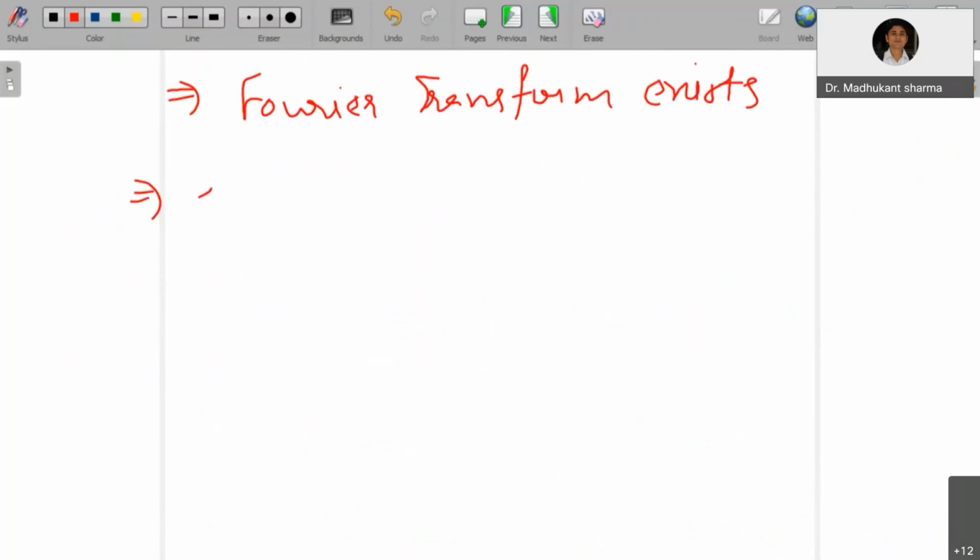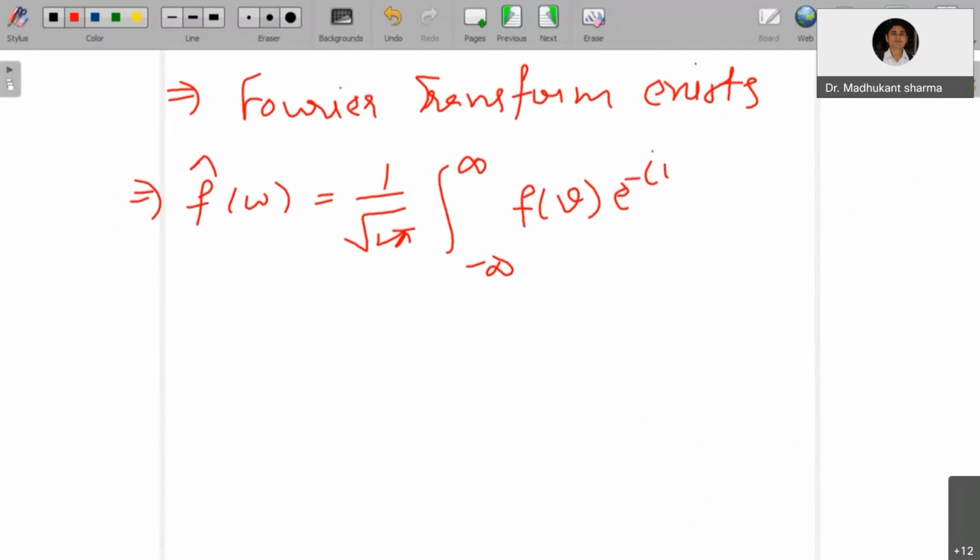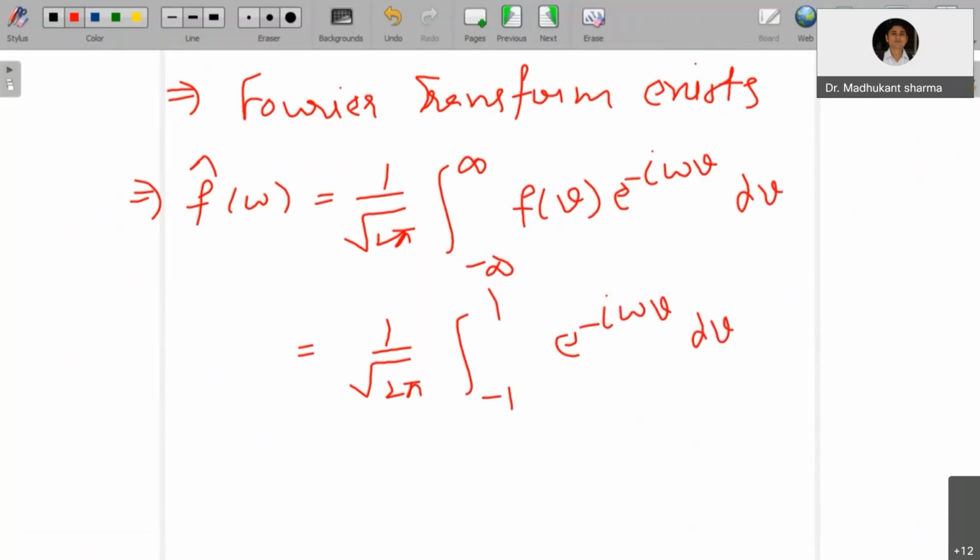So f cap of w is equal to 1 upon square root of 2 pi, integration from minus infinity to plus infinity of f of v e to the power minus i w v dv, which equals 1 upon square root of 2 pi, integration from minus 1 to 1, since f of v is 1 between minus 1 and 1, otherwise 0, of e to the power minus i w v dv.